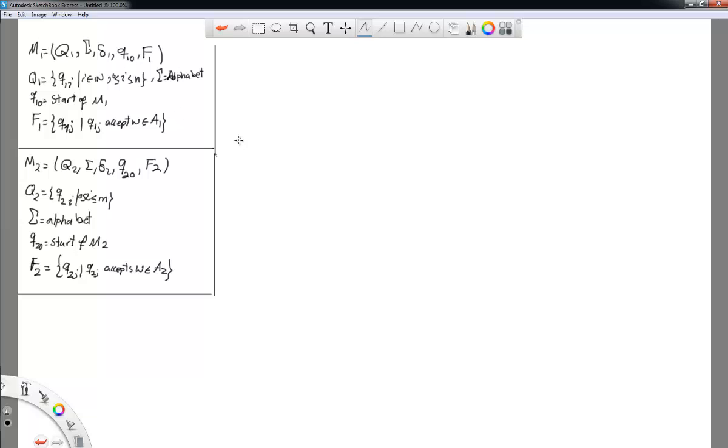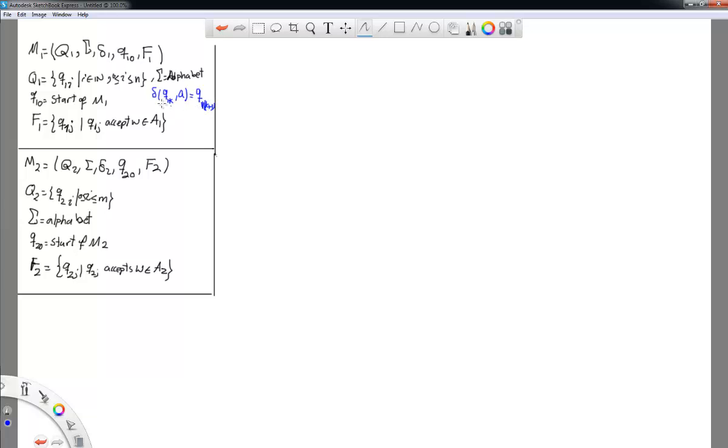There's one thing that I haven't talked about yet, and those are the transition tables. So delta is my transition table that takes a state, let's say Q sub 1 K, and a symbol A from the alphabet, and it goes to Q sub 1 K plus 1.